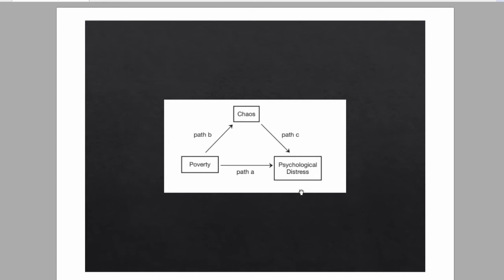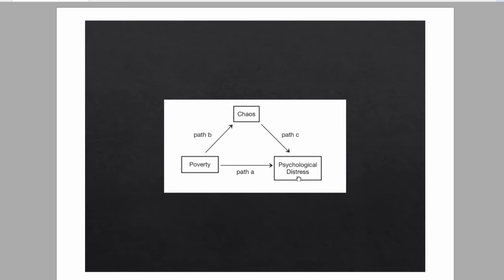Maybe a chaotic environment relates to psychological distress, and also probably relates to poverty. So if you haven't looked at this, and because this chaos is related to poverty, you actually don't know which one is related to psychological distress.